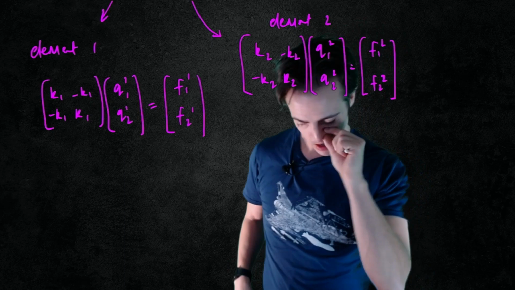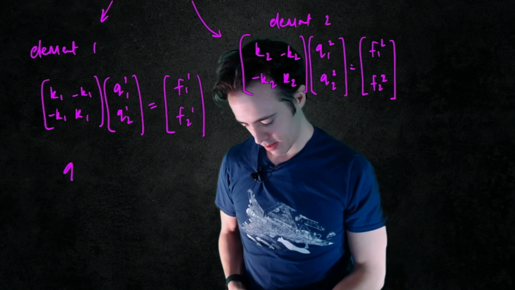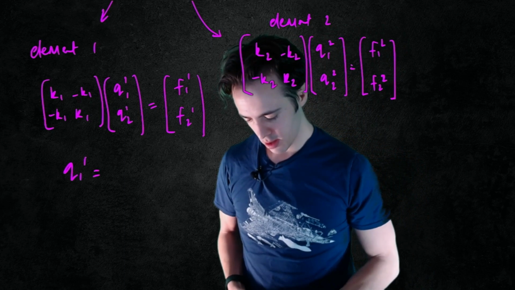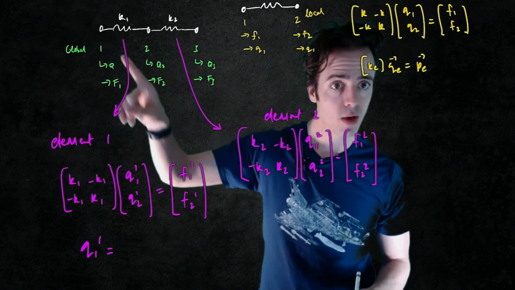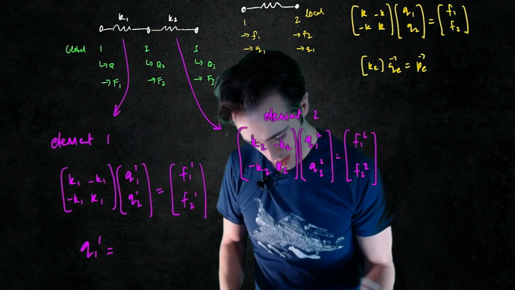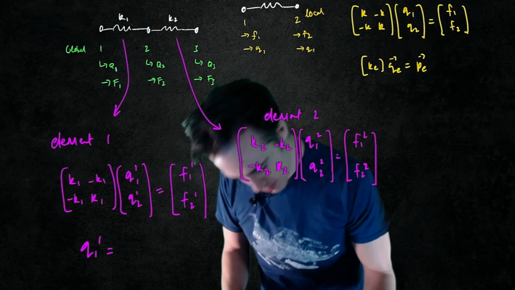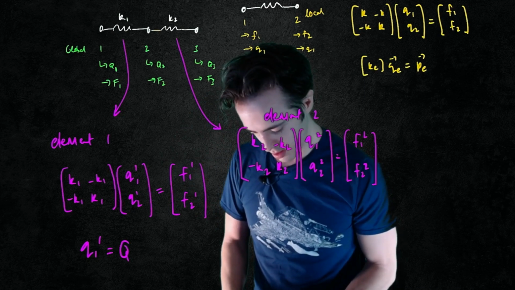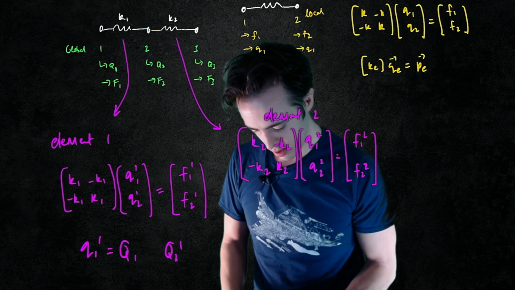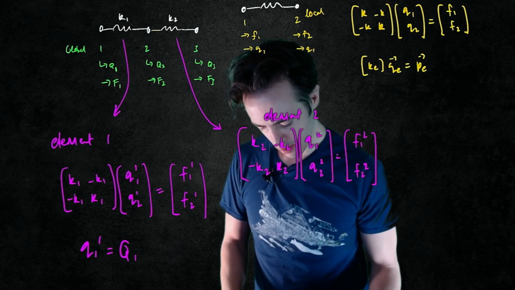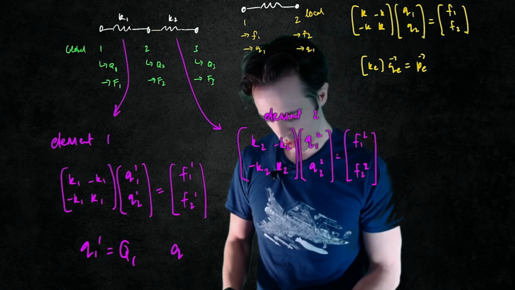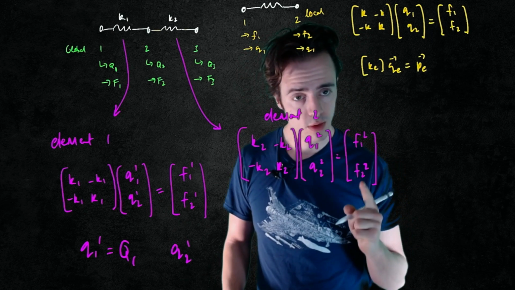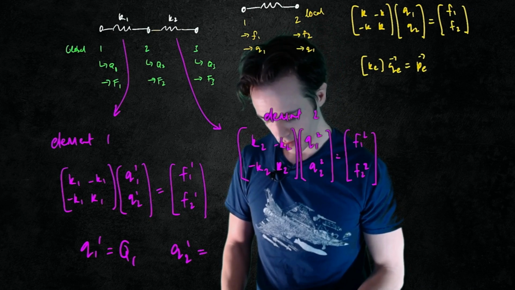Now the next step was to say, well, we can't combine these together yet because we've got Q1, Q2, Q1 and Q2 in here. We could recognize that Q1 of element 1 doesn't move around, it is this one up here, which is Q1. Let's say that's Q1. And recognize that this one here, the second node for element 1, will be Q2.